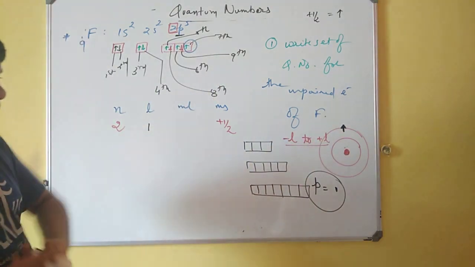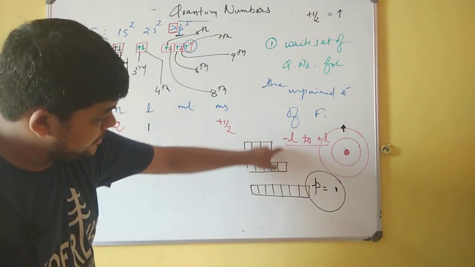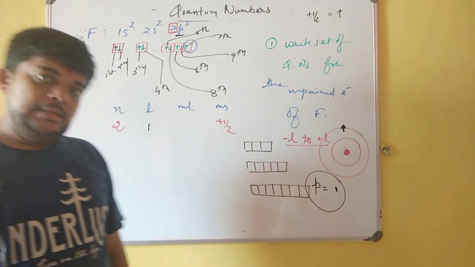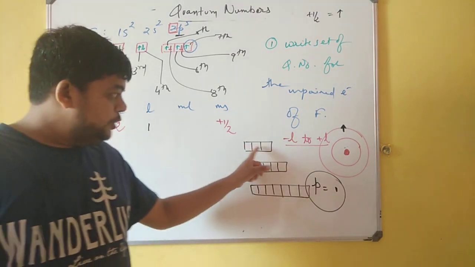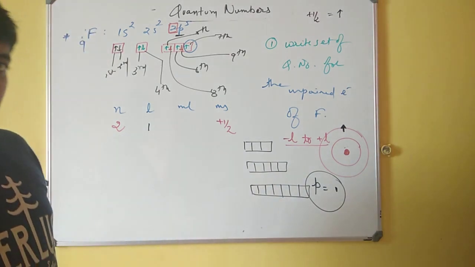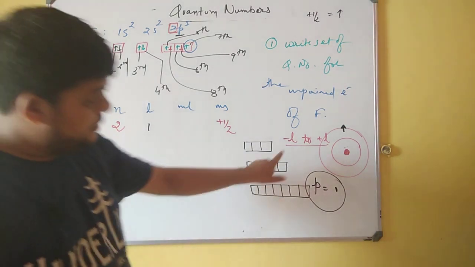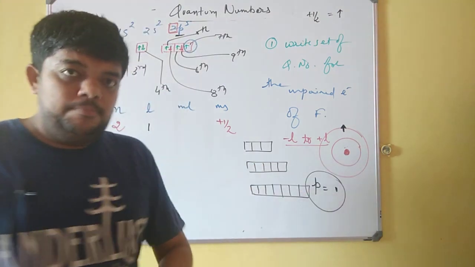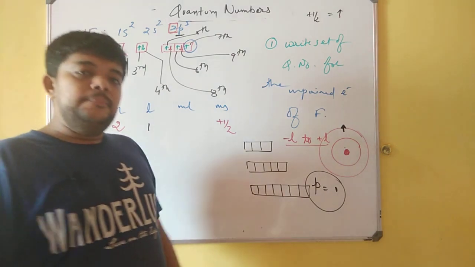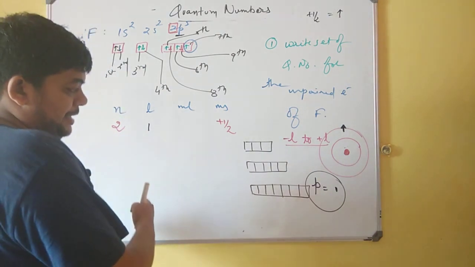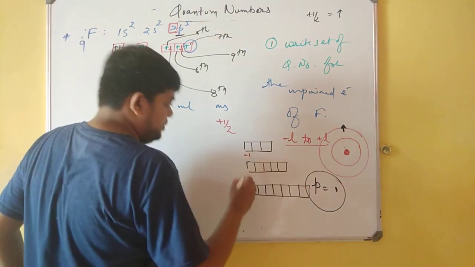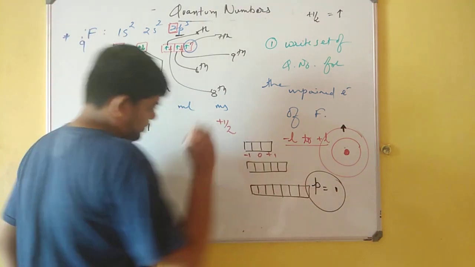So for p suborbit, when someone says that I want to determine the value for each orbital, we should first know the value of l for p, and it is 1. So I'll just write minus 1 to plus 1: minus 1, 0, plus 1. And always remember that we will always move from minus to 0 to plus. So it will be minus 1, 0, plus 1.